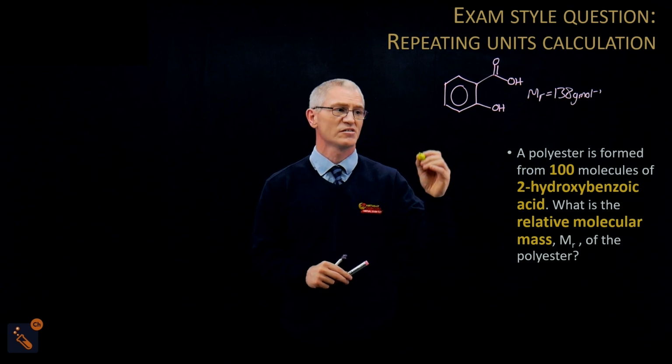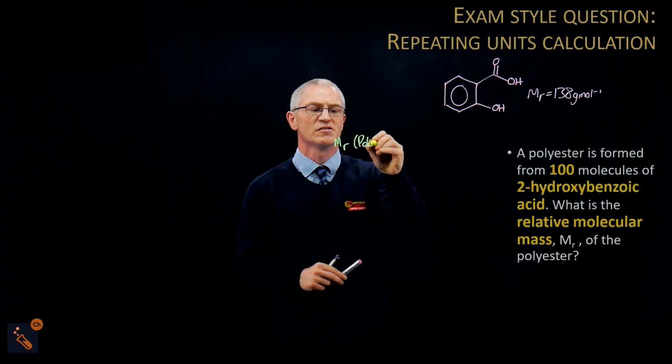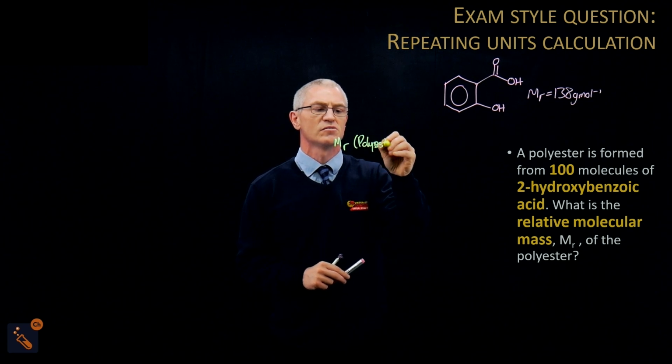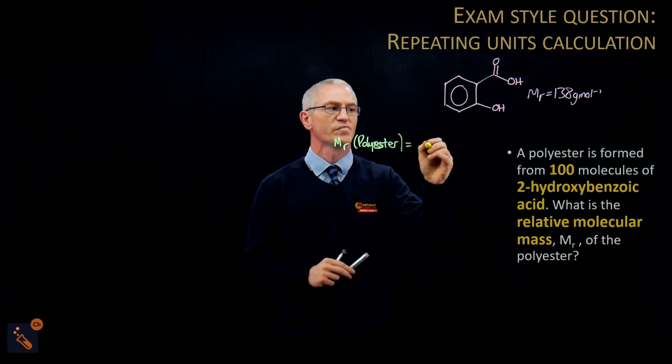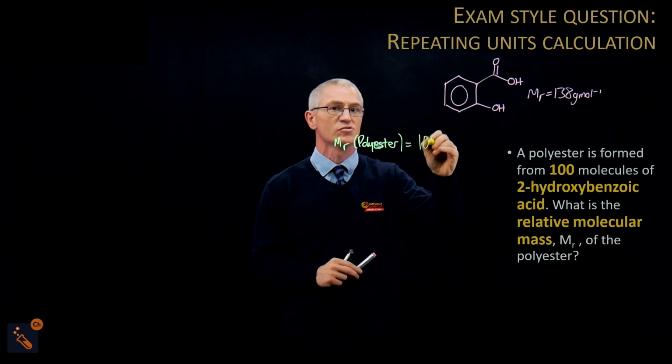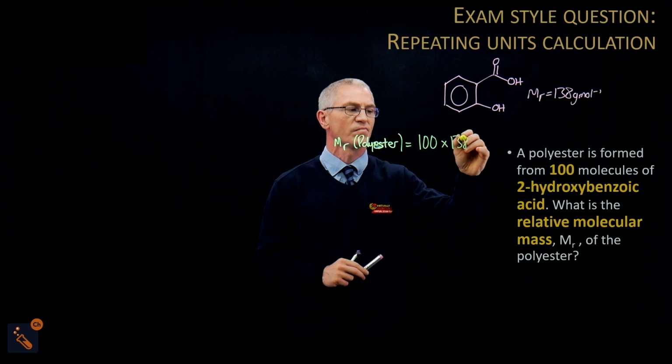So your initial thought is to say, right, we're going to do the molecular mass of this polyester. So the molecular mass of that polyester is going to be equal to 100 molecules, we think it's 100 molecules because we've got that there, times 138.